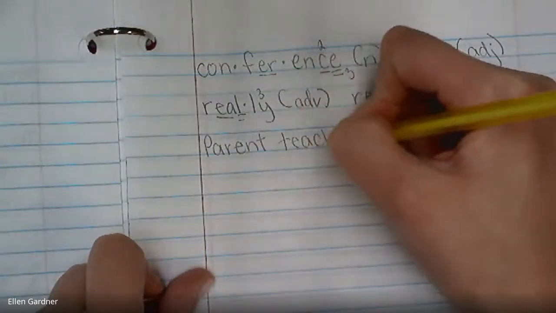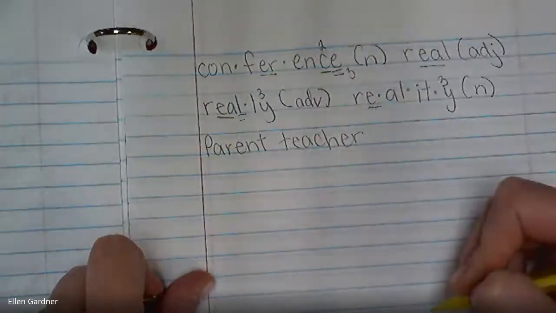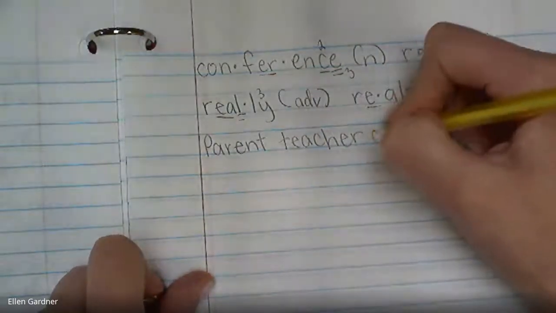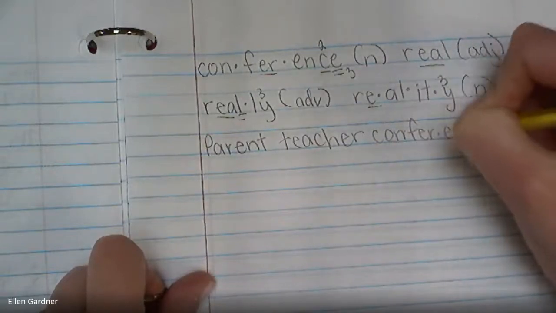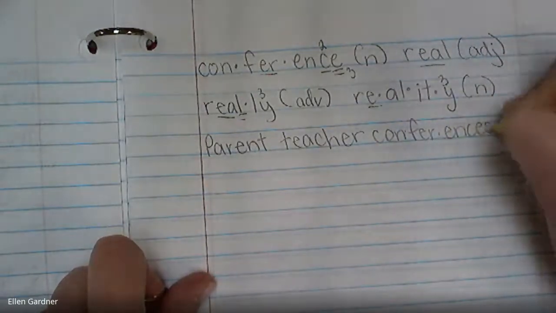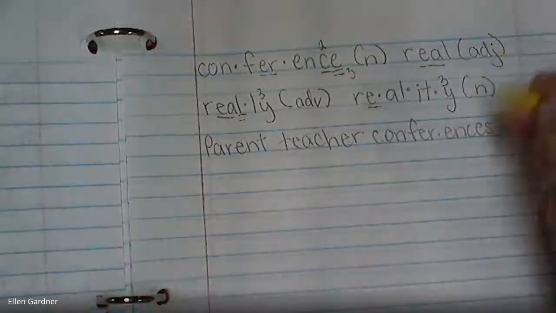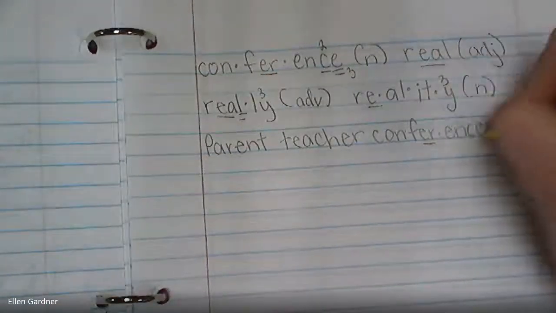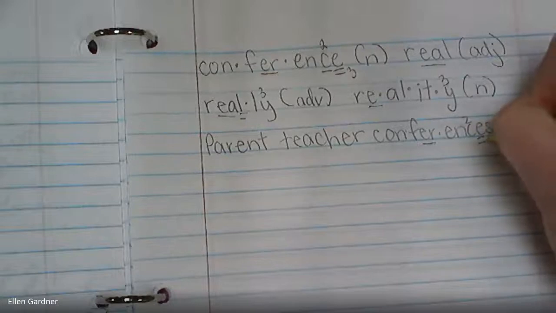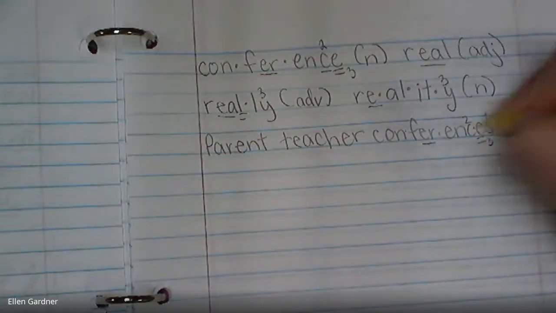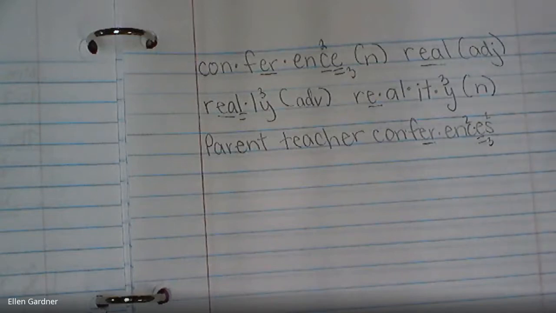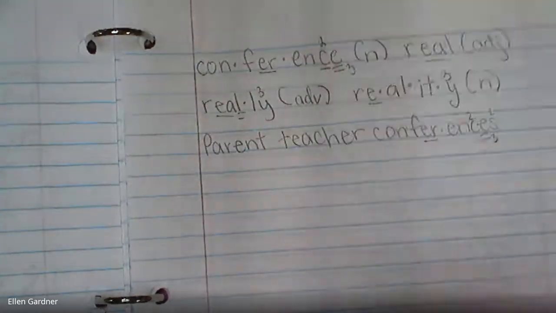Teacher, correct those words if those are misspelled. Conference, conferences. Conferences. That actually ends up being 2 syllables, but I kind of wanted to mark it according to how we were just marking conference.